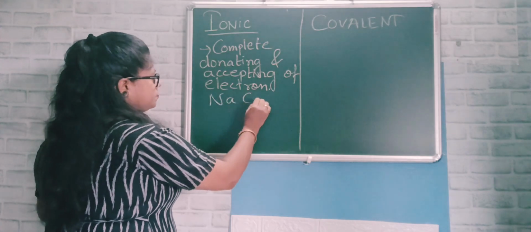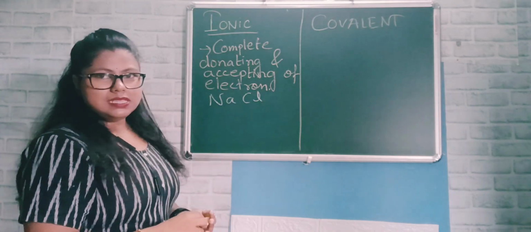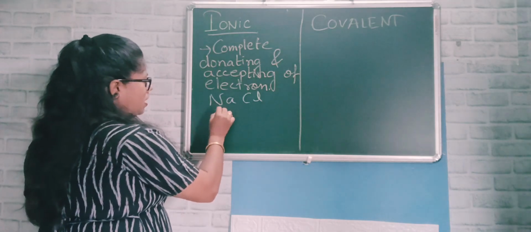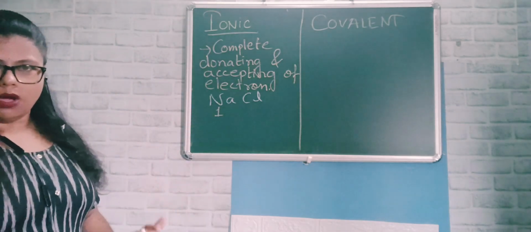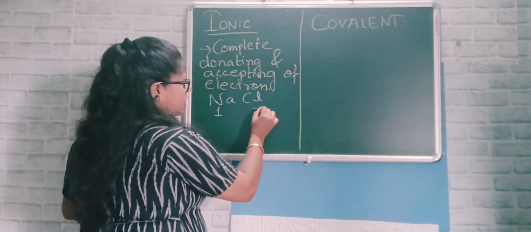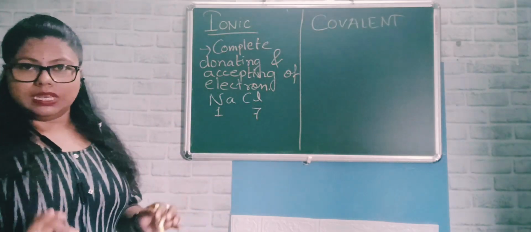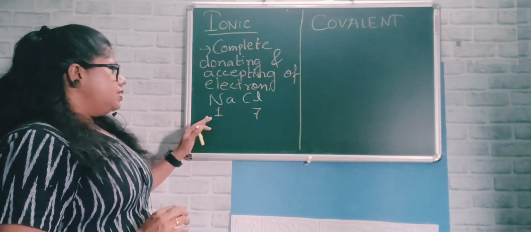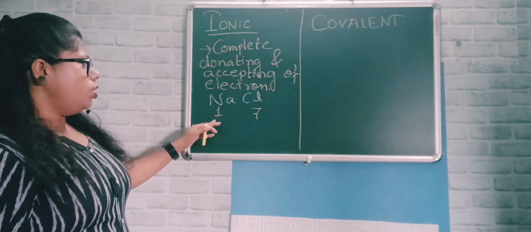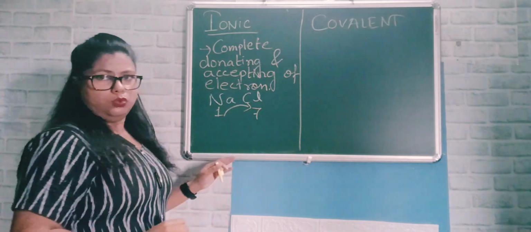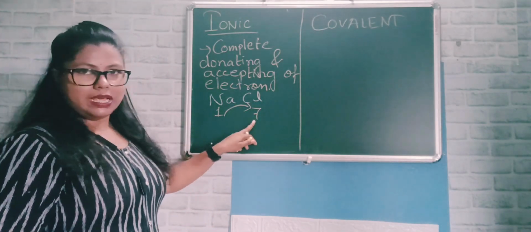Sodium has 1 electron in its outermost shell and chlorine has 7 electrons in its outermost shell. This 1 electron will be completely donated to the chlorine atom.